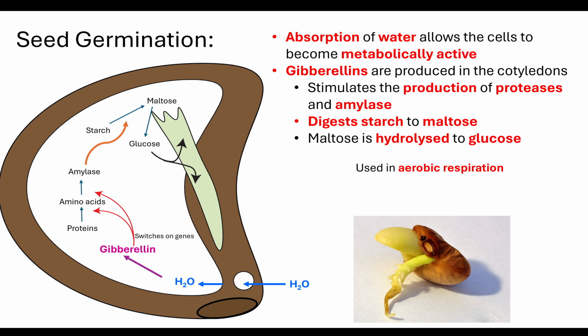The glucose will be broken down during glycolysis, and then with enough oxygen, aerobic respiration will occur. Now, aerobic respiration means that there will be a higher production of ATP molecules. So therefore, another condition for seed germination is about this availability of oxygen and water.